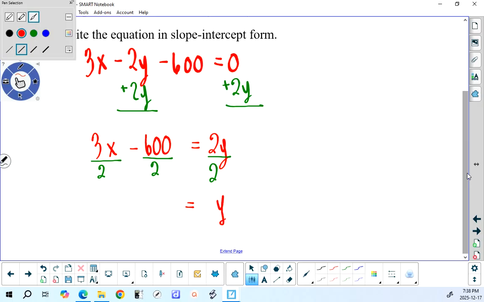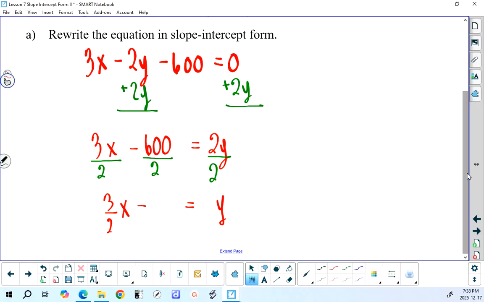And it's equal to, I'm going to write this 3x over 2 as 3 halves x. And then minus, well, 600 over 2 is 300. Now I've rearranged this equation so y is by itself, but if I choose to write y equals 3 halves x minus 300, these two things are the same.